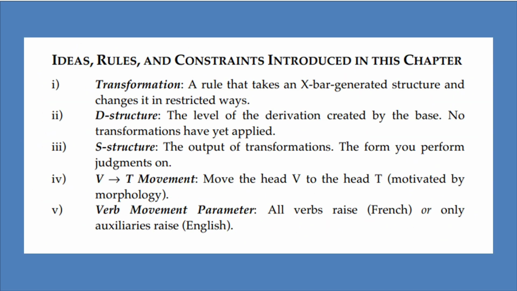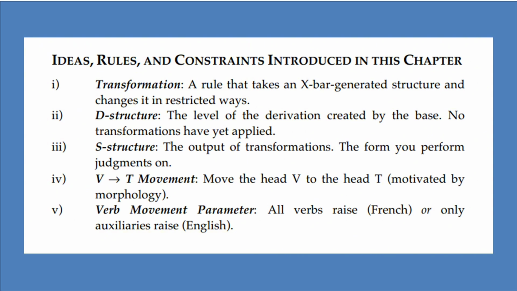Ideas, rules, and constraints introduced in this chapter. Transformation: a rule that takes an X-bar generated structure and changes it in restricted ways. D-structure: the level of the derivation created by the base. No transformations have yet applied. S-structure: the output of transformations, the form you perform judgments on. V to T movement: move the head V to the head T, motivated by the morphology.